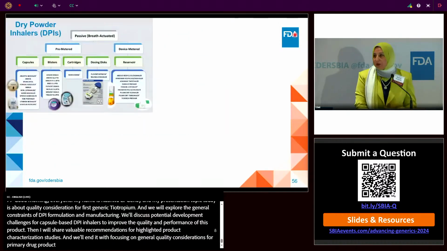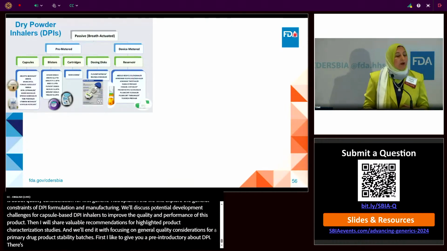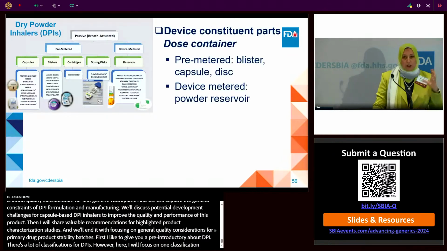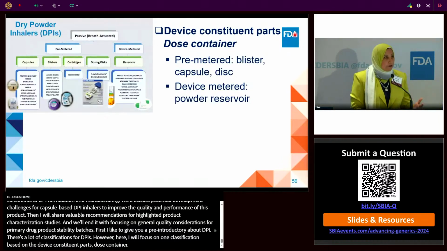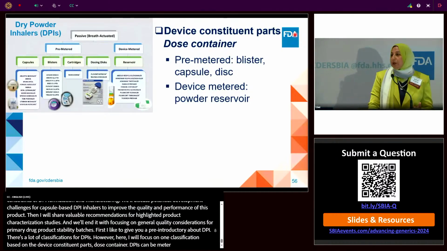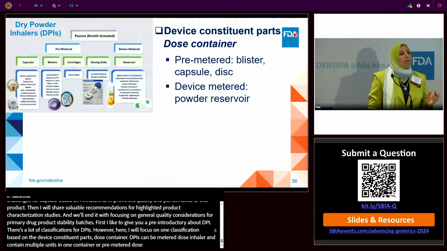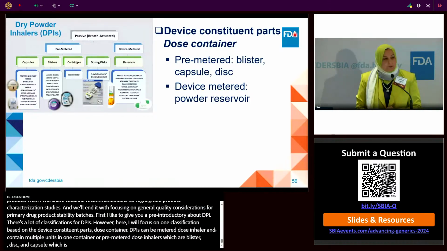First, I would like to give you a brief introduction about DPIs. There are many classifications for DPIs. However, here I will focus on one classification based on the device constituent part, the dose container. DPIs can be metered dose inhalers, where a powder reservoir contains multiple units in one container, or pre-metered dose inhalers, which are blisters, Diskus, cartridge that contain multi-unit dose inhalers, or capsule, which is a single unit dose inhaler, and this is the focus for our talk.